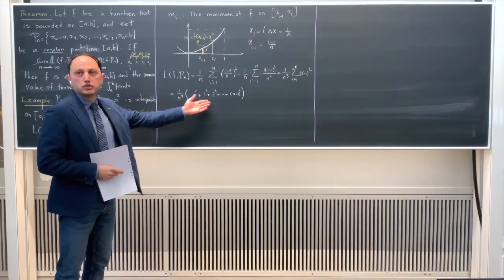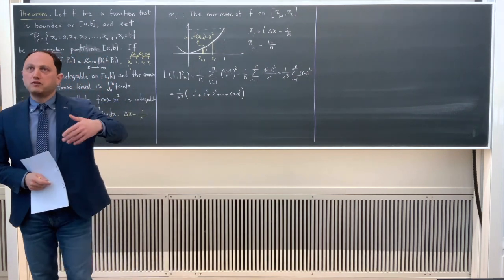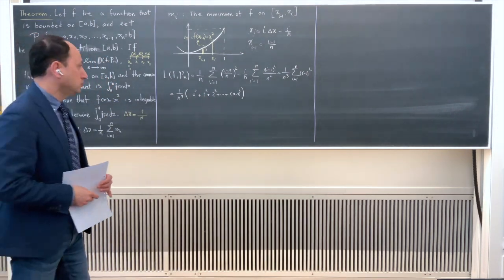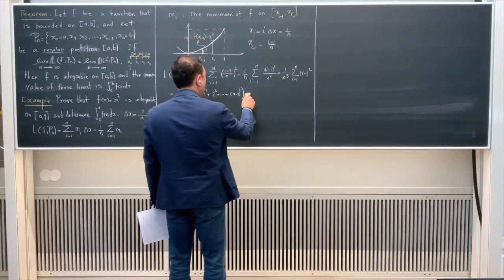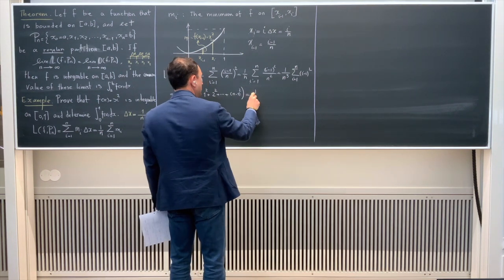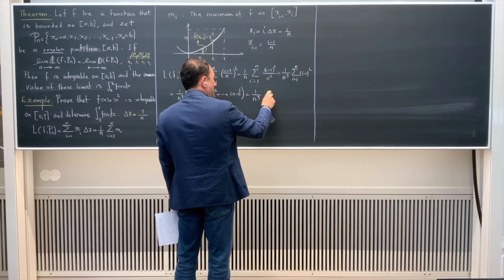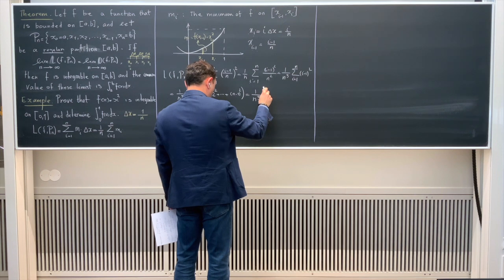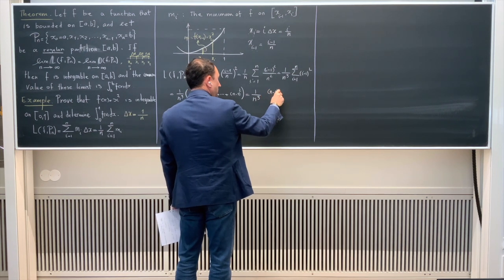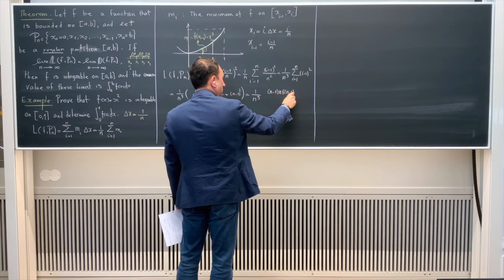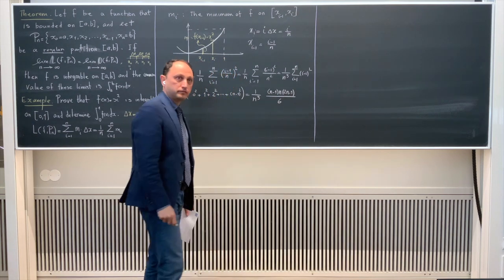And this is a very famous sum in mathematics, the sum of squares. The sum of squares has a formula. So let me copy and paste the first part. The formula for this is (n minus 1) n (2n minus 1) divided by 6.